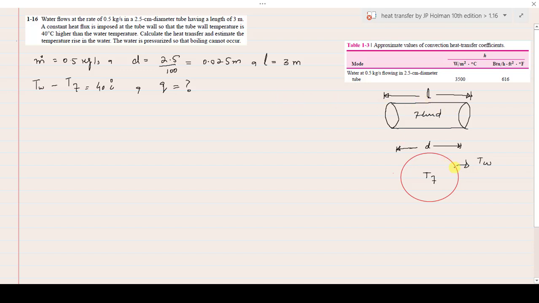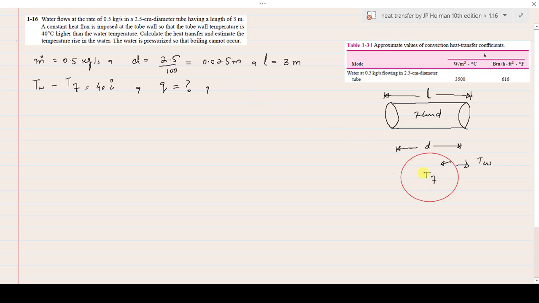So it is obvious that heat transfer will take place from this tube wall to the fluid, because the tube wall is at a higher temperature as compared to the fluid temperature. So we need to find that heat transfer from tube wall to the fluid.